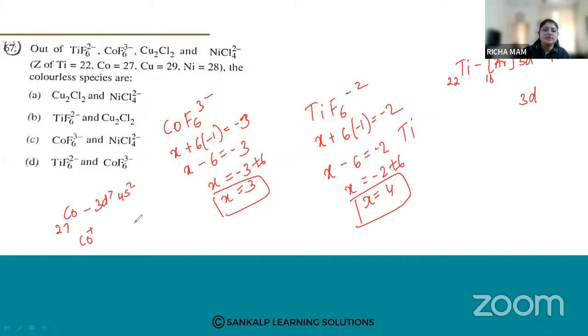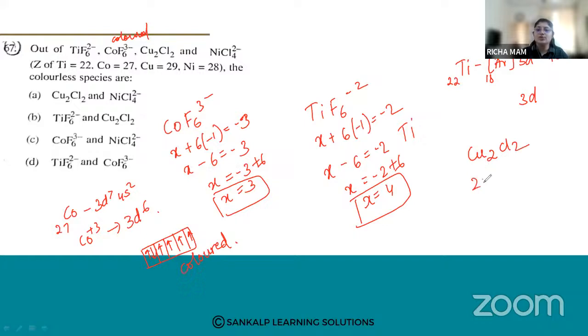When cobalt is in plus 3 state, it is a 3d6 system. So 3d6: 1, 2, 3, 4, 5, and 6. So you have unpaired electrons. So this is a colored system. Your CoF6 is colored.